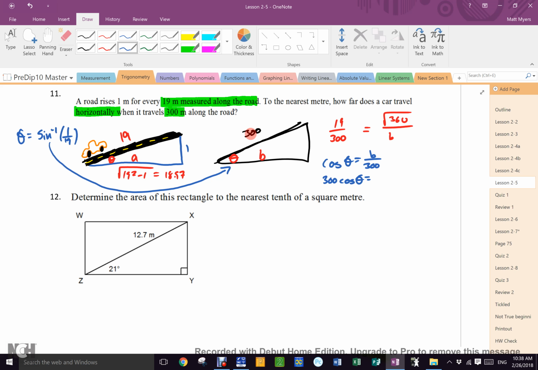What's the answer? 299.6. If you did it this way, you multiply the pair and divide the spare. So you did 300 times the square root of 360 divided by 19, and you get 299.5 or 0.6.